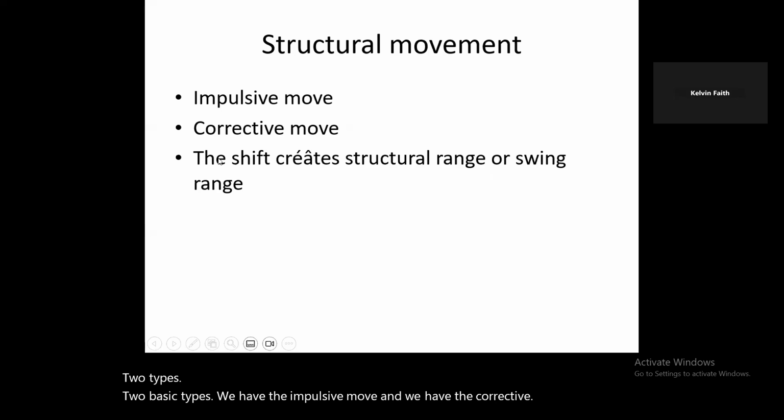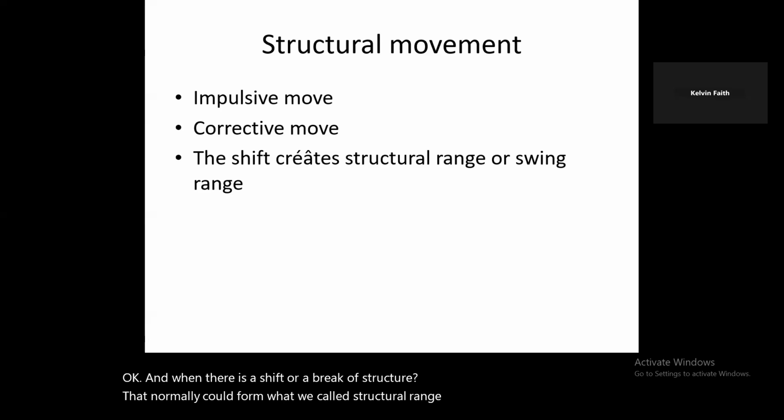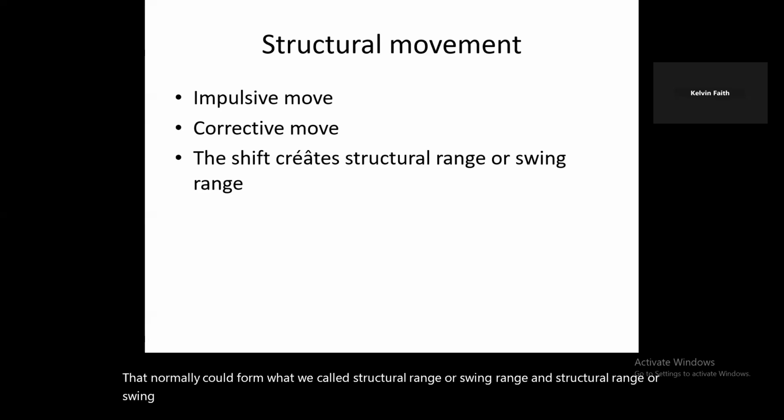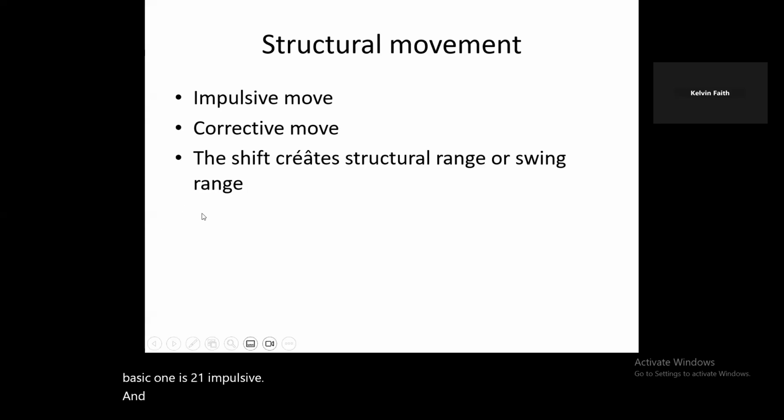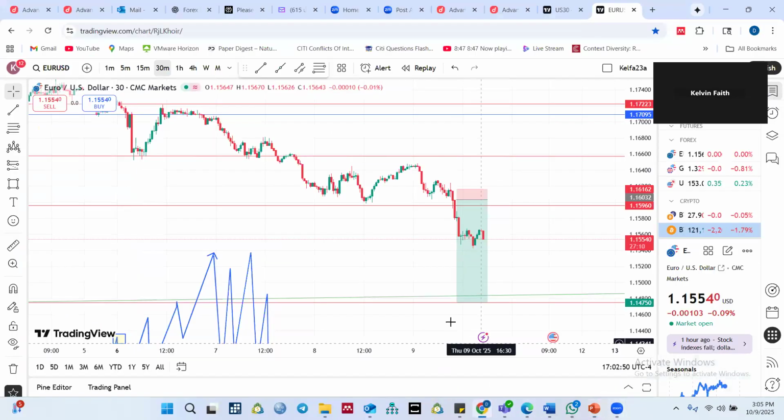When there is a shift or a break of structure, that normally could form what we call a structural range or swing range. So how many types of structural movement do we have on the market? The basic ones are two: one, impulsive, and two, corrective. Let me show you quickly what that means on the chart.